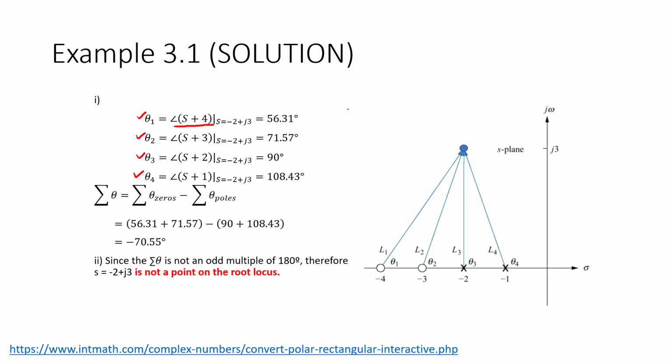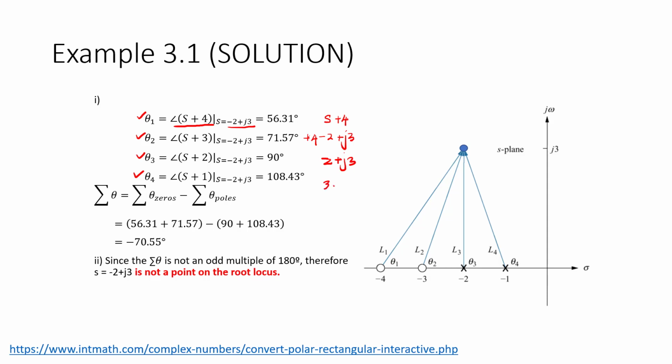From the equation, replace s with -2 plus j3, so s plus 4 becomes -2 plus j3 plus 4. You will get 2 plus j3, and convert this complex form into polar form.